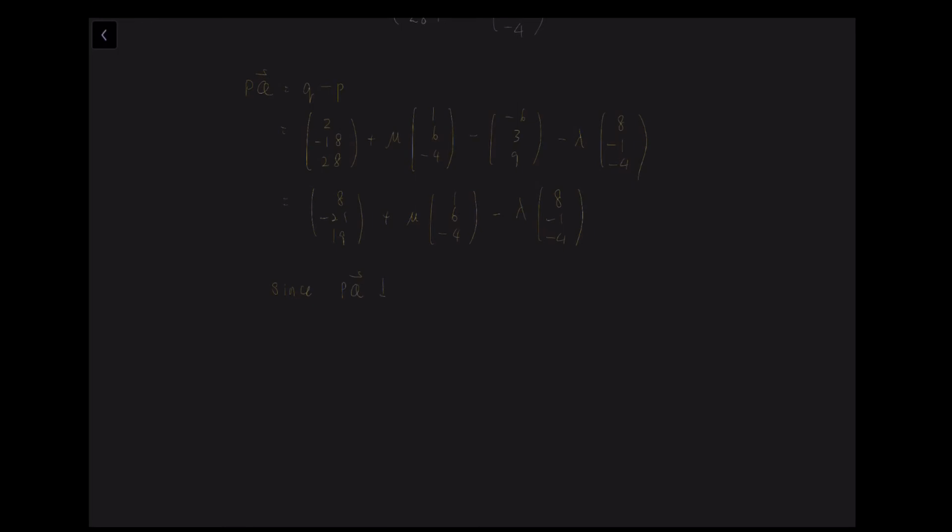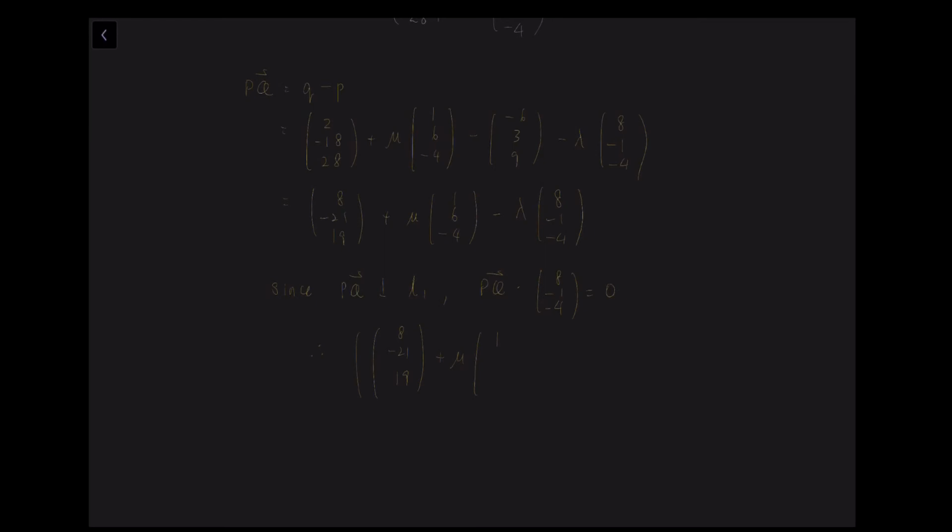So we have obtained the simplified version, and since we know that PQ is perpendicular to the line L1, PQ dot the direction vector of L1, which is 8, minus 1 and minus 4, will equal 0.